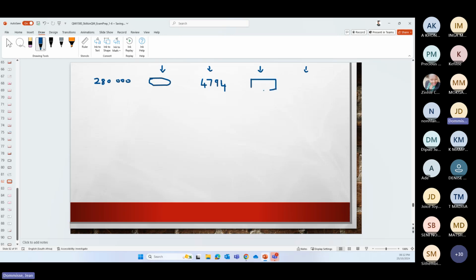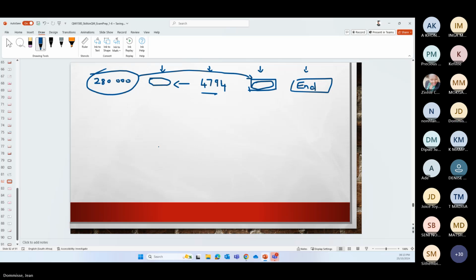This would have been this component minus the interest. So this will be what you've incurred, and this end value would have been then that 280,000 minus that amount.